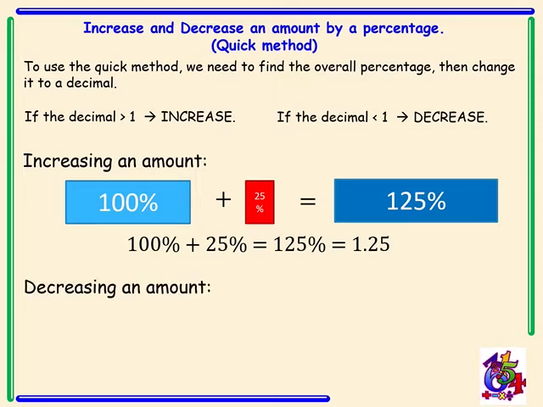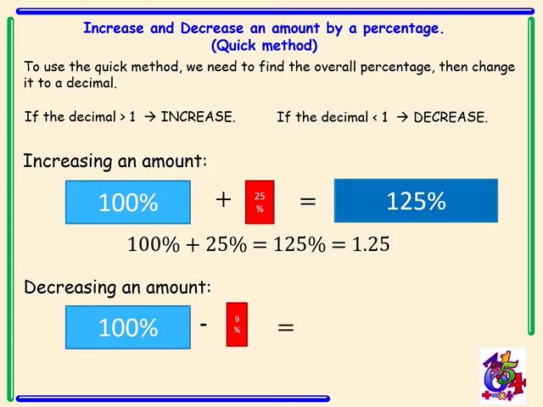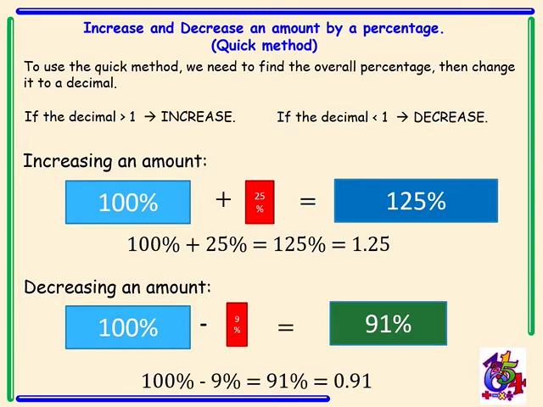Similarly, if we're decreasing an amount, the starting value is always 100%. This time I'm going to subtract 9%. So 100% subtract 9% leaves me with 91%. Again, I need to put this into a decimal in order to put it into a calculator.